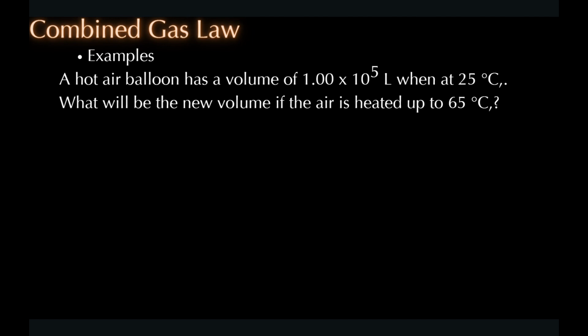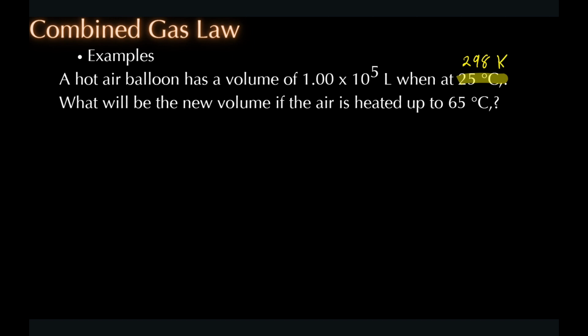All right, now we need to convert our Celsius over to Kelvin. Our 25 degrees Celsius right up here, if I convert this by adding in the 273, I will get a temperature of 298 Kelvin.